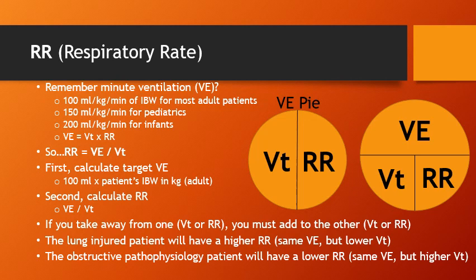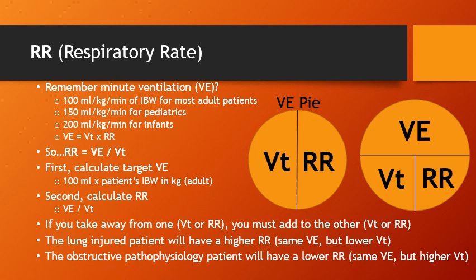Now, when we talk about minute ventilation, we can use two different kinds of representations that you'll see over here on the slide. Let's talk about the one on the far right first. This is kind of a thing to help you visualize how this equation is going to work.